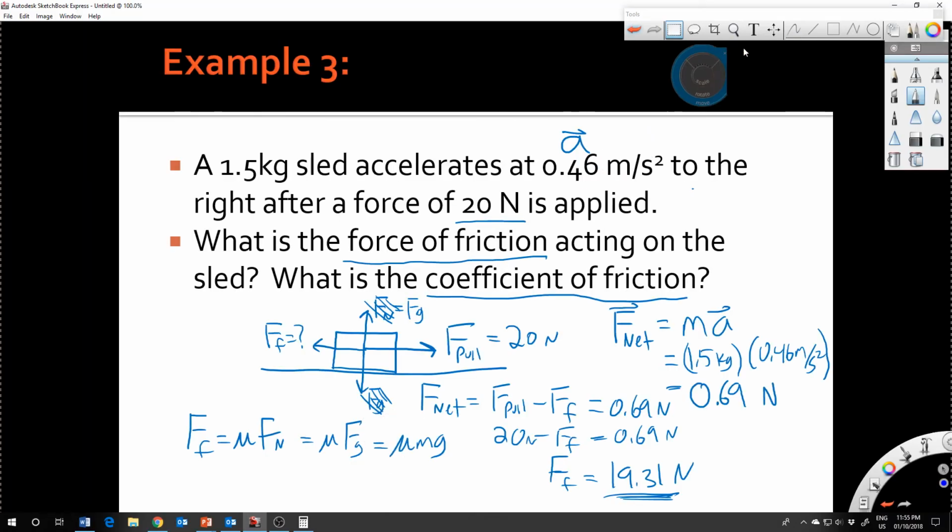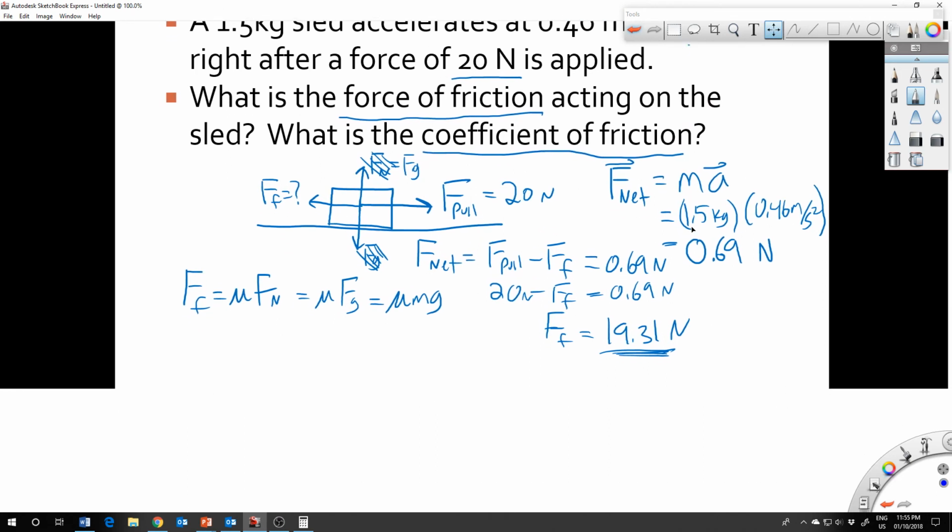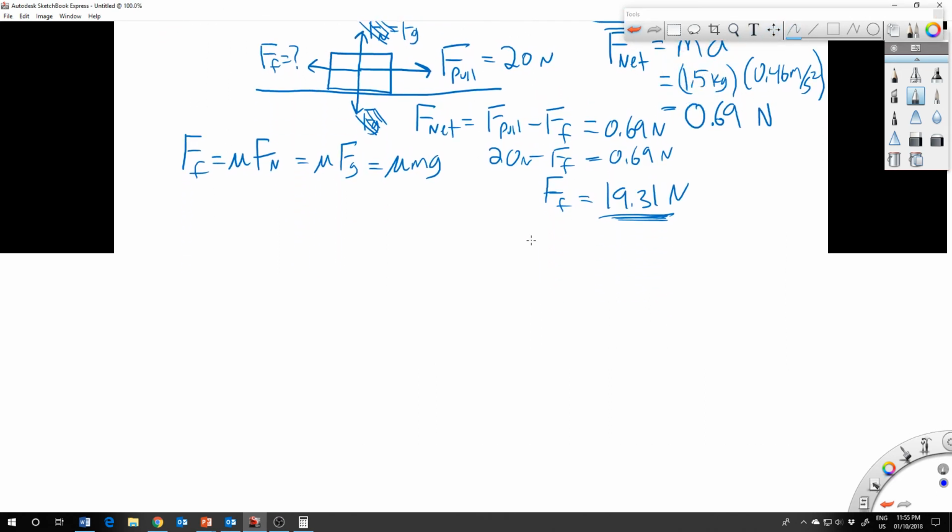So I'm going to finish the calculation on this screen. My force of friction is going to be 19.31 newtons. I don't know what mu is.